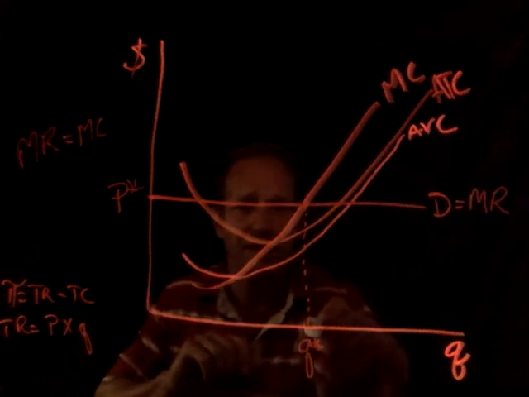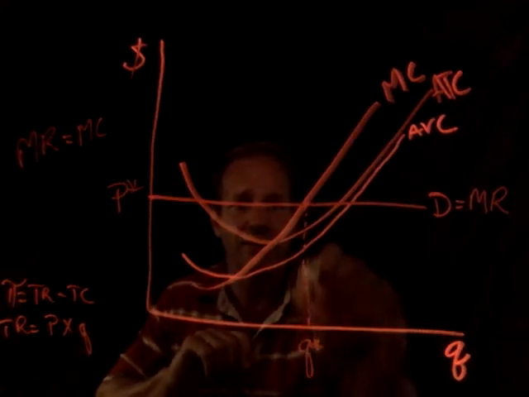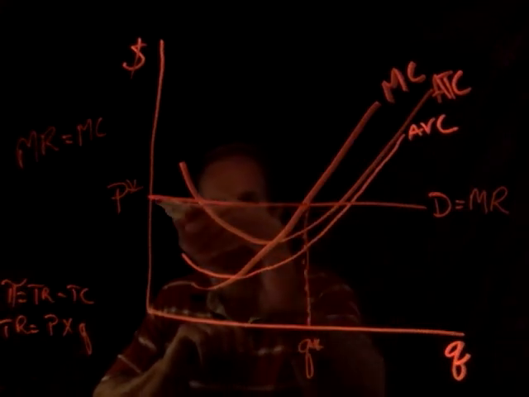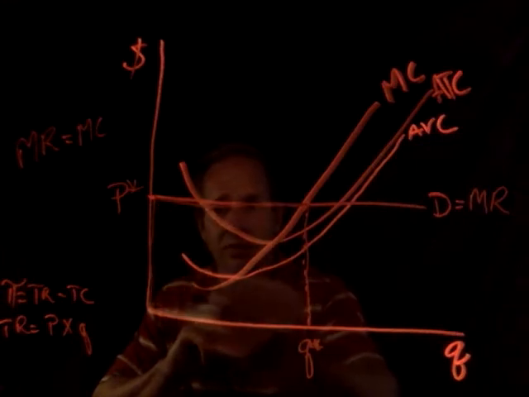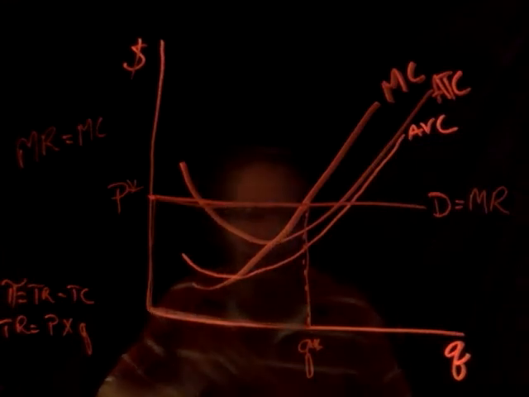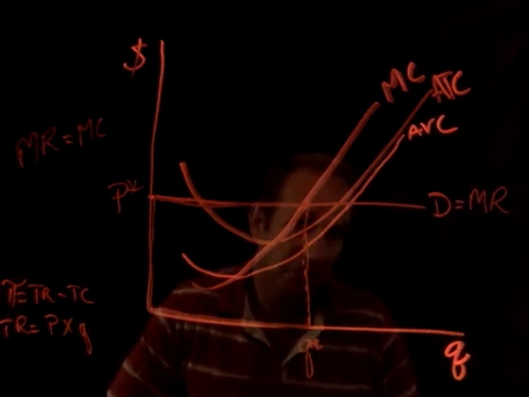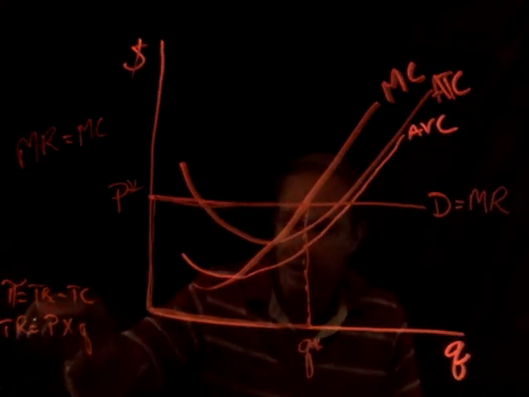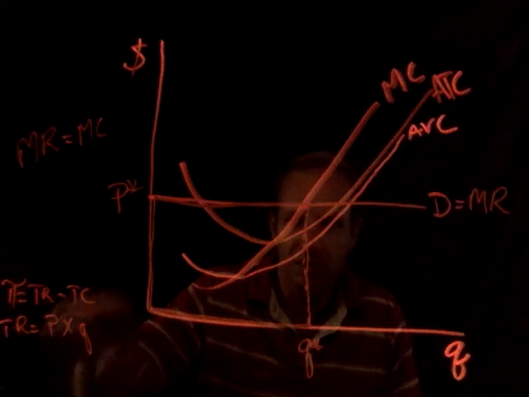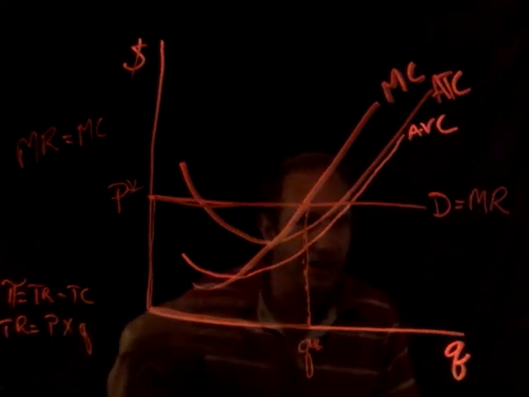So look at that. This rectangle is total revenue. Base times height. That's an area of a rectangle. That tells me how they're doing on the top line. That line, total revenue. What about the bottom line? Or not the bottom line, but what about the difference? What about these costs? Can I tell that?